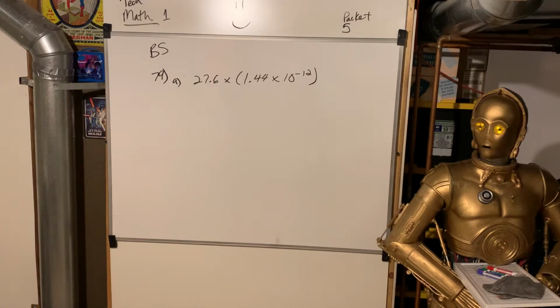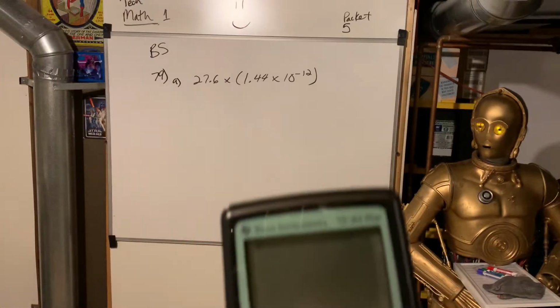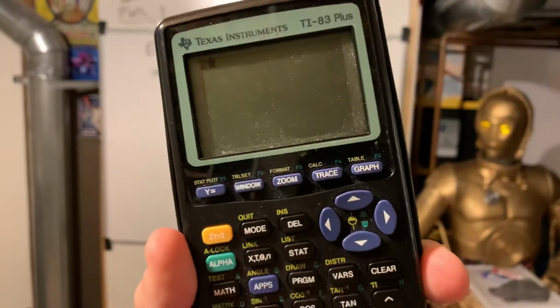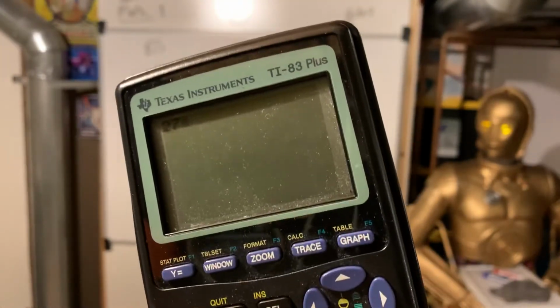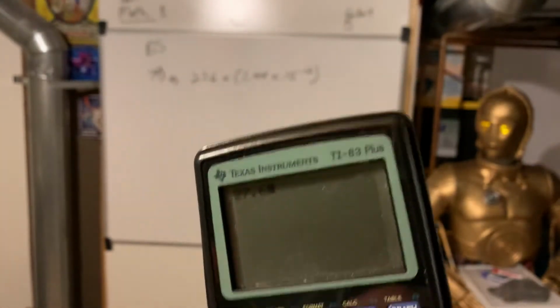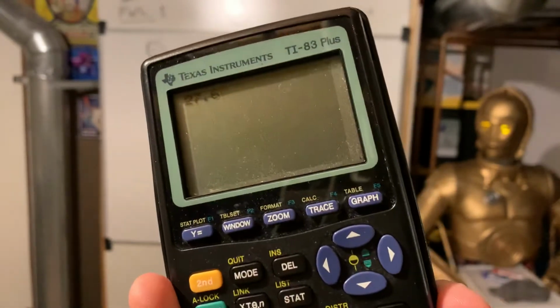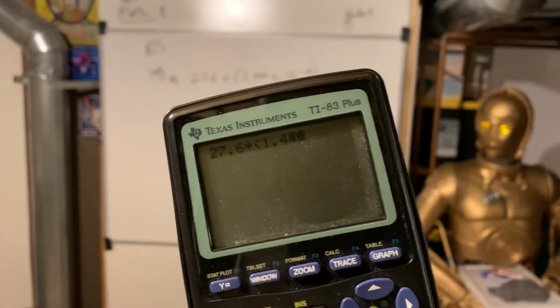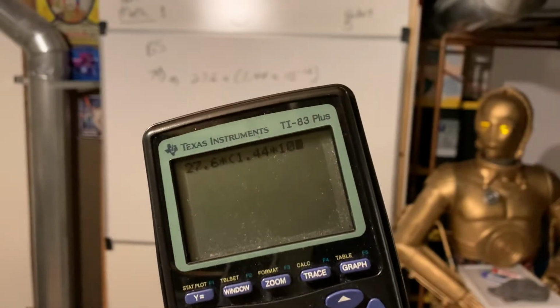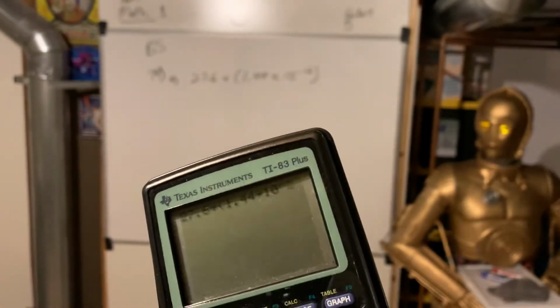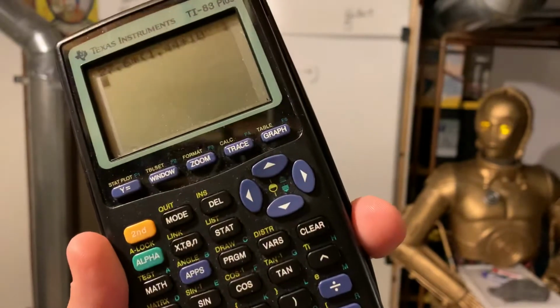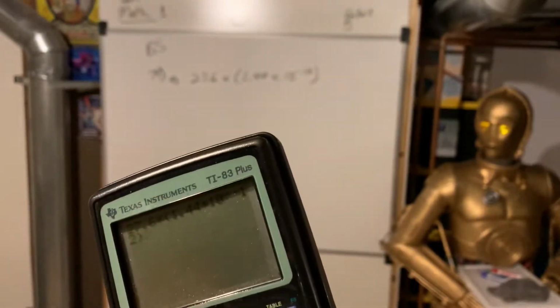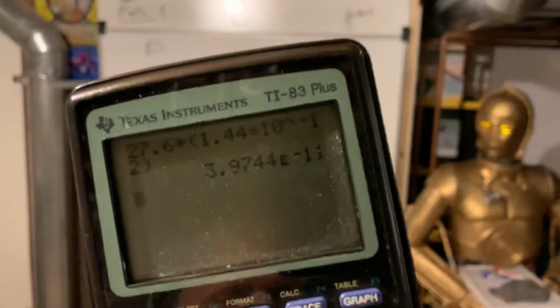And so if we're going to make our calculator do the grunt work on one that's in scientific notation, we're going to hit the 27.6. And now we're going to do times, and then a parenthesis, 1.44 times 10 to the power negative 12, and paren. And then look at how it reads it out.